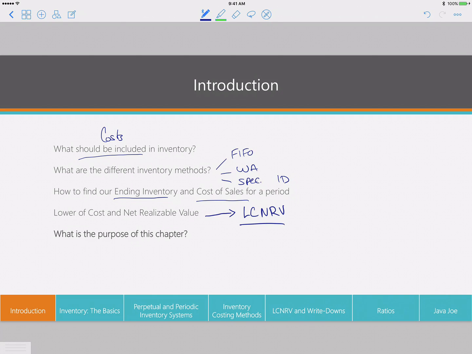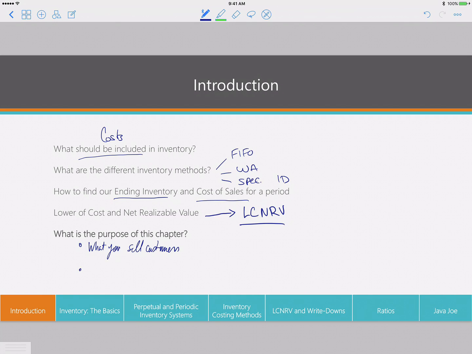So let's talk about the purpose of this chapter. Inventory is important for any company, and it's what you sell to your customers. It's how you're going to make money.